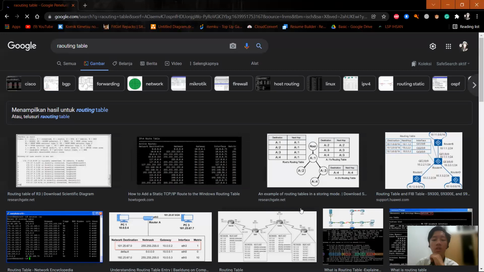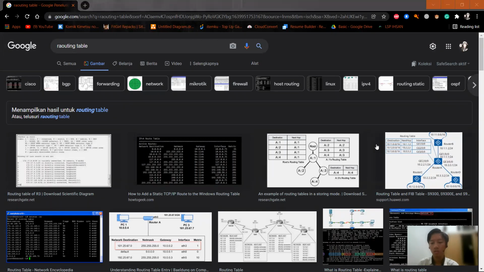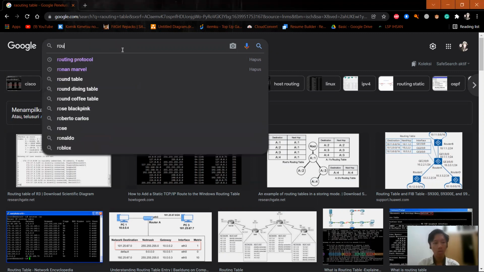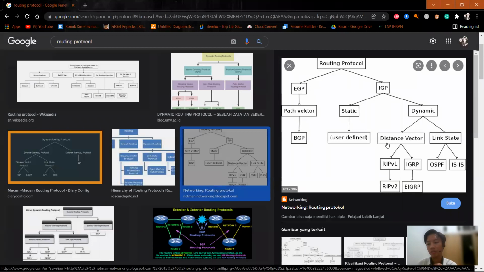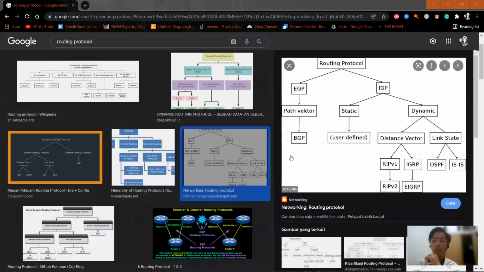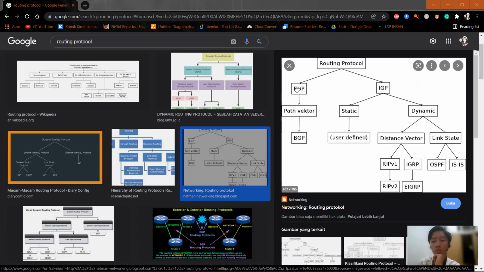In routing, we have the routing protocol. Routing protocols have two parts, EGP and IGP.